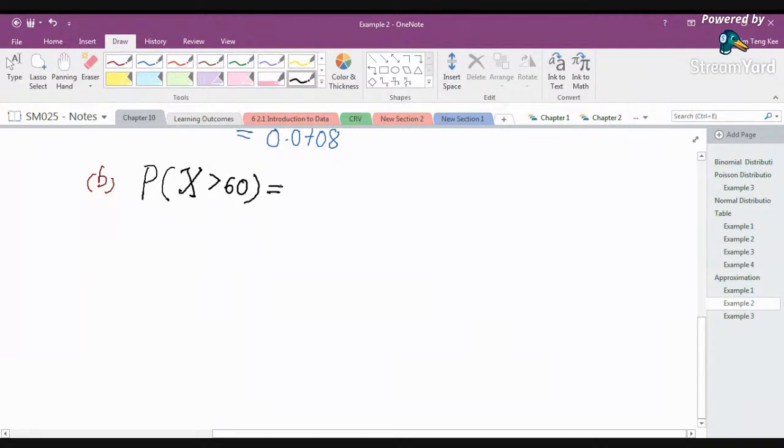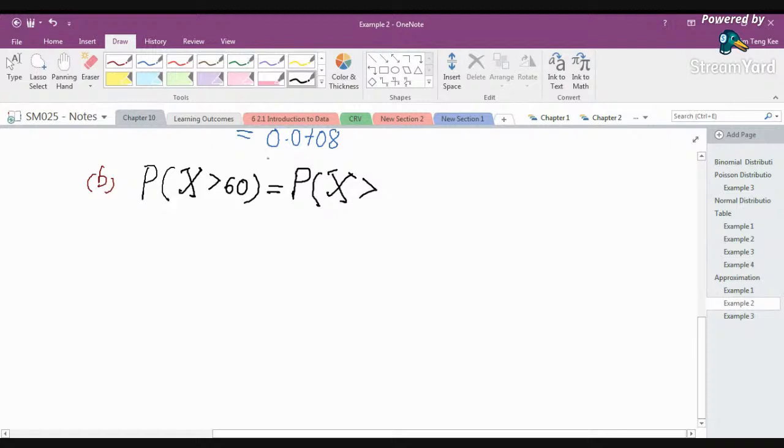So again, the first step is to do continuity corrections, where I have X greater than, same direction, and without equal sign for continuity corrections. So for 60, my choice here is either 60.5 or 59.5, plus minus 0.5 for 60.